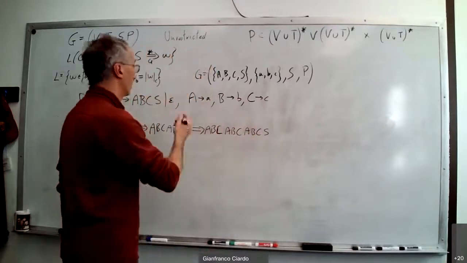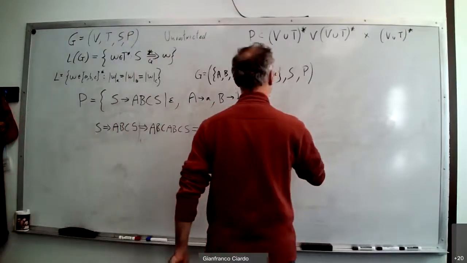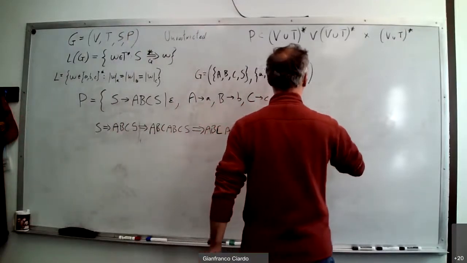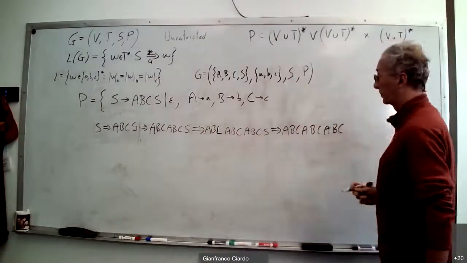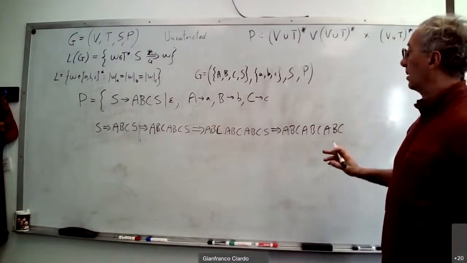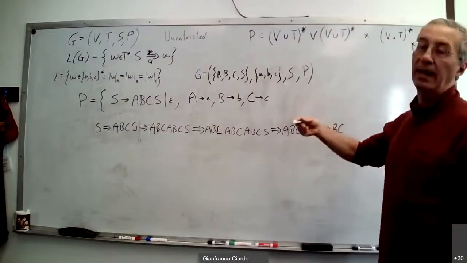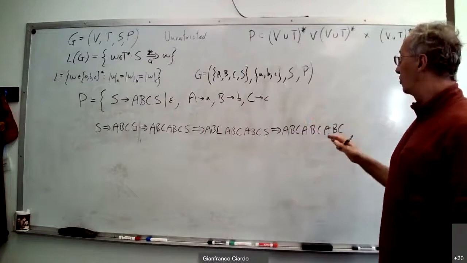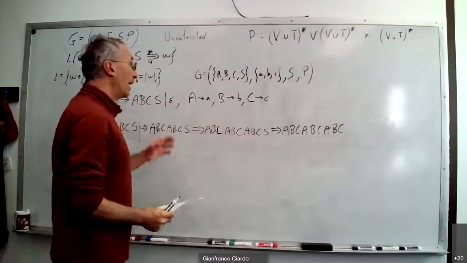And then let's have S go to epsilon. And so now I have ABCABCABC. Well, now if the A's, the B's, and the C's go to little a, little b, little c, I will generate 3 a's, 3 b's, and 3 c's. So the string is in the language.